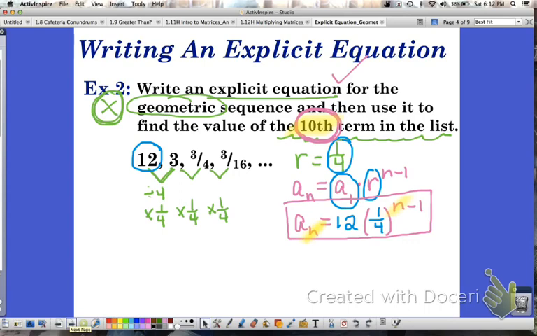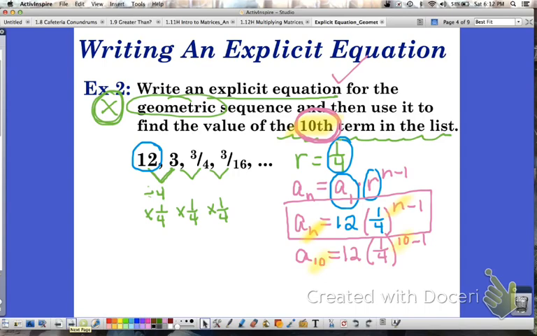So here I go. A sub 10 is equal to 12 times 1/4 raised to the 10 minus 1 power. I am substituting in the 10 for the n, both there and there.